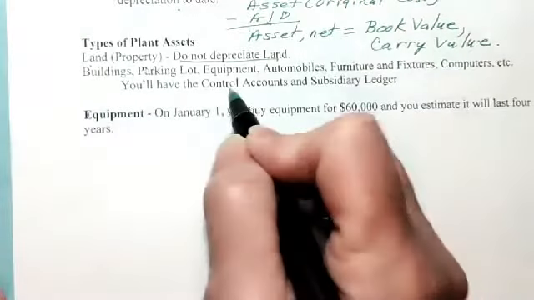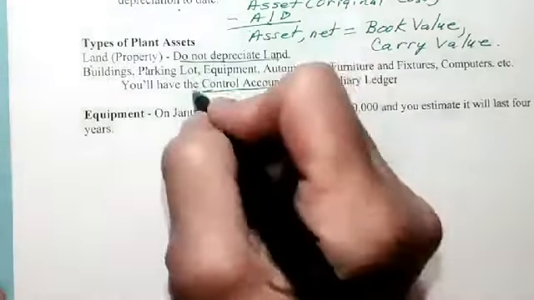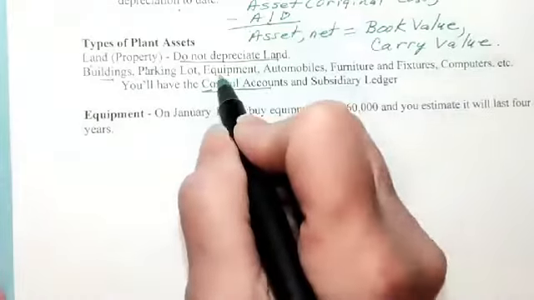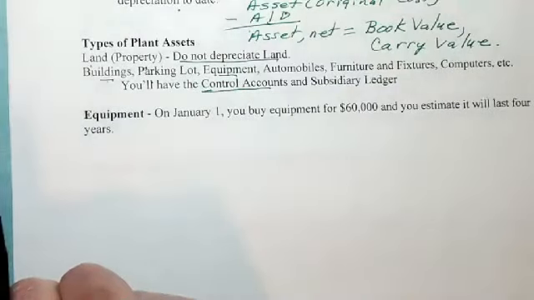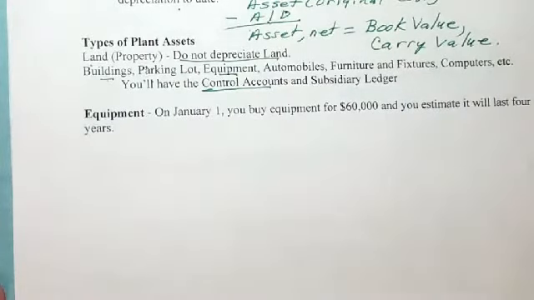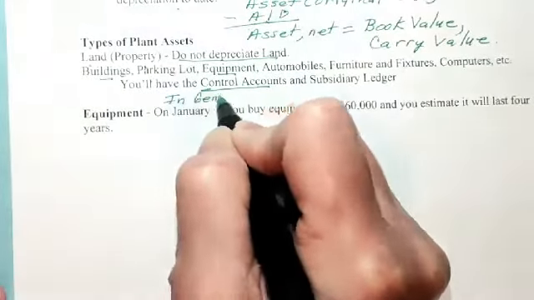For each of those, it kind of works like accounts receivable. We'll have a control account. We'll have an account called buildings. We'll have an account called equipment. Again, parking lot, we might call land improvements to be a little fancy. But each one of those, especially if they have very different lives, will have a specific account in the general ledger.